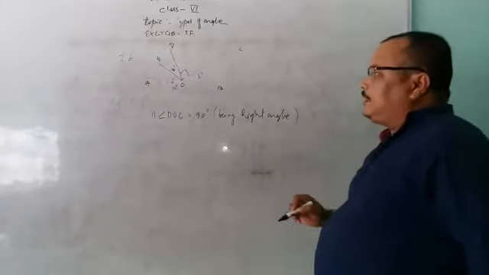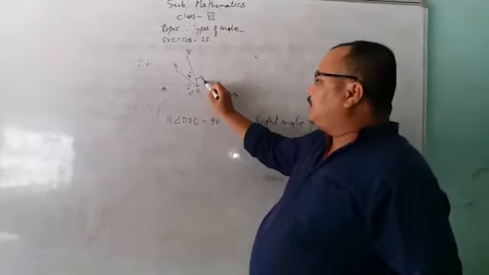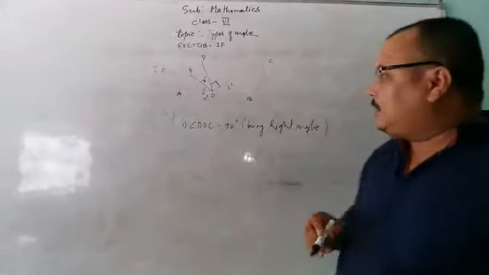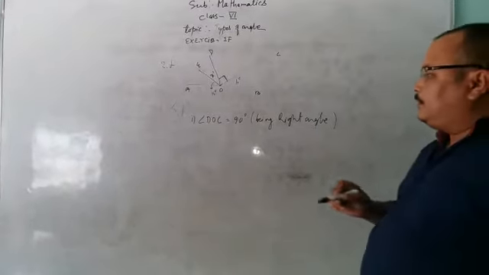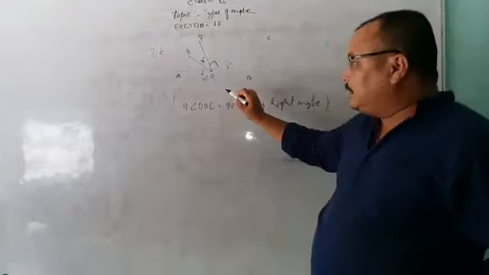It is given. It is not written here as an angle, but this symbol shows that it is a right angle. That is why you have confusion here, so I am solving this question here.